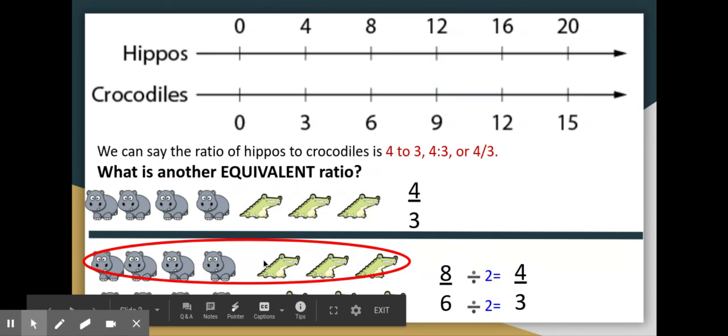So there are still 3 alligators for every 4 hippos. Or we could take this top ratio 4/3, multiply the top and bottom by 2, and then we come up with 8/6.